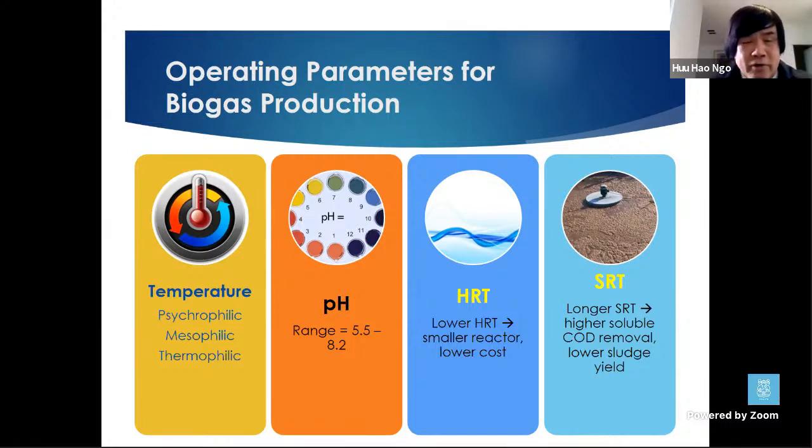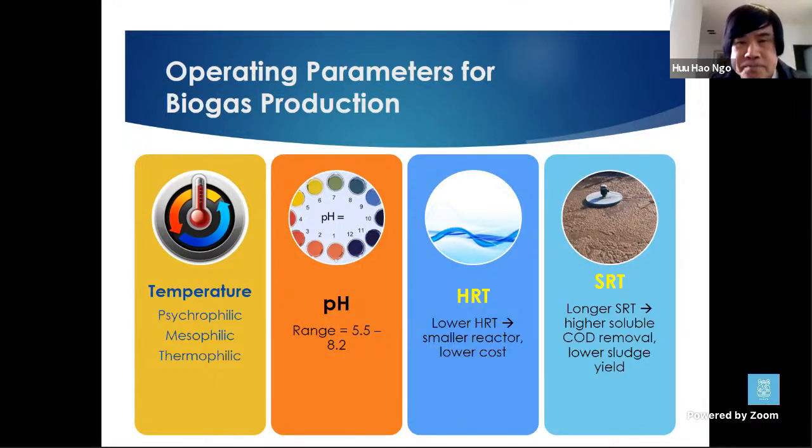Why do we have different temperatures? Because with different temperatures, the removal efficiency will be different and the MBR reactor size is different as well. The temperature has a very significant impact.